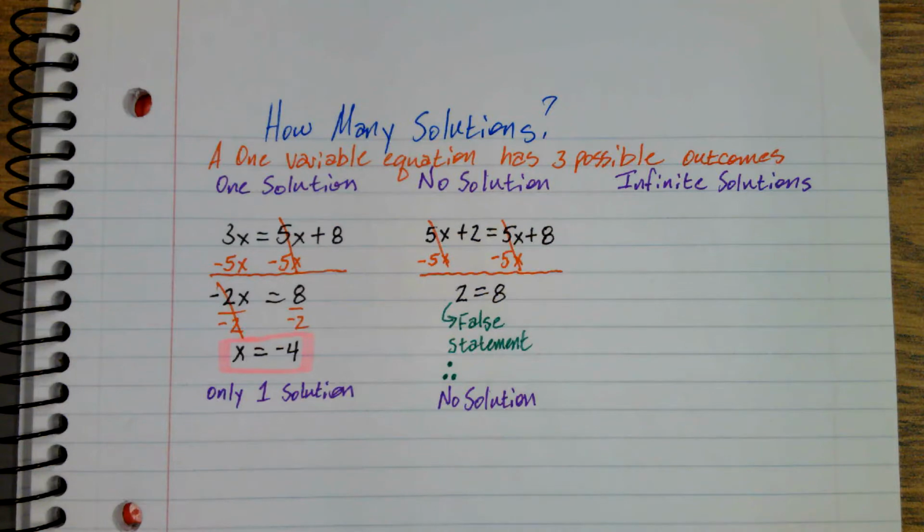Okay? But sometimes you're going to end up with a true statement, which would give you infinite solutions. You want to see what that looks like? That's our third possibility. Let's do that.